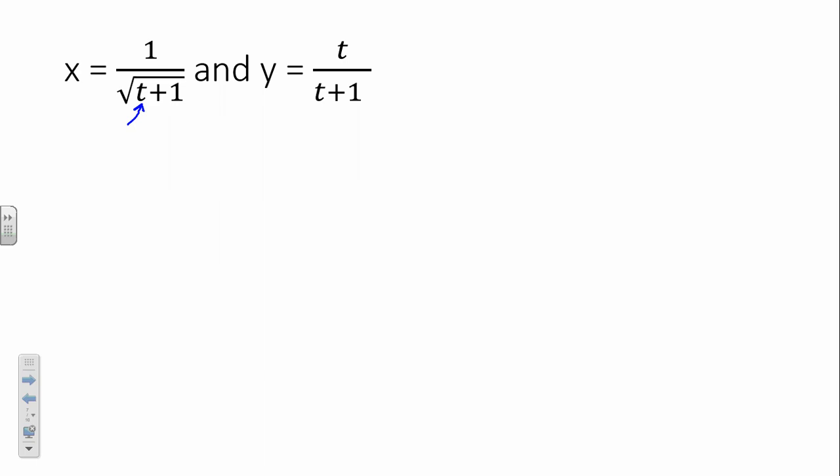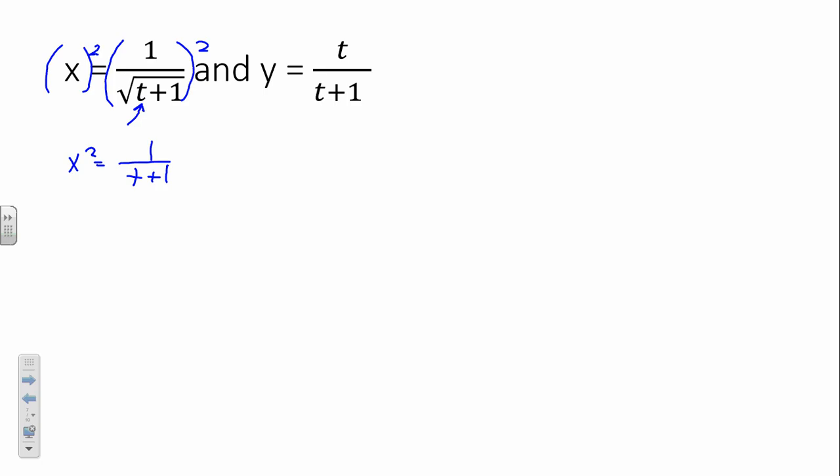Yes, we're going to have an x squared. So what we can do is two different ways. You can either cross multiply and take that t plus 1 to the top, right? Or you can say, hey, I'm going to end up having to square things eventually anyway, right? So as long as I square both sides, we're legal. So we have x squared equals 1 over t plus 1. So far, so good.